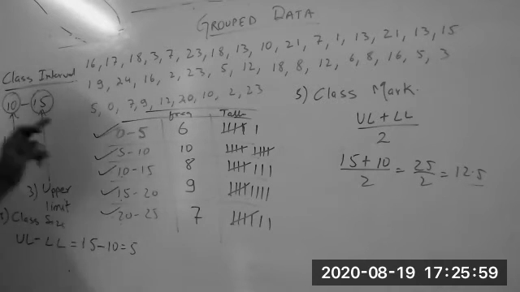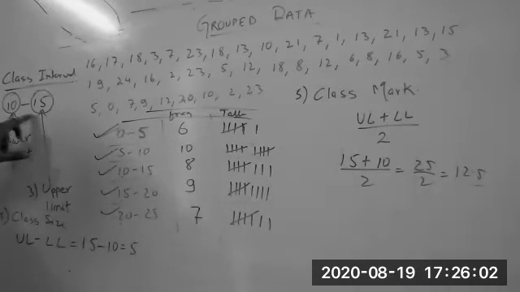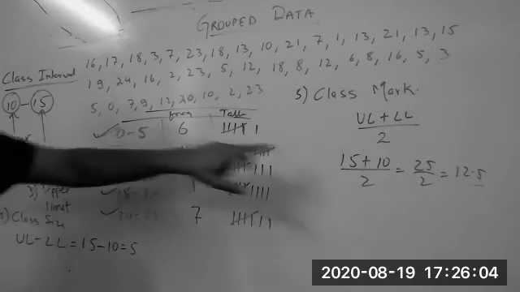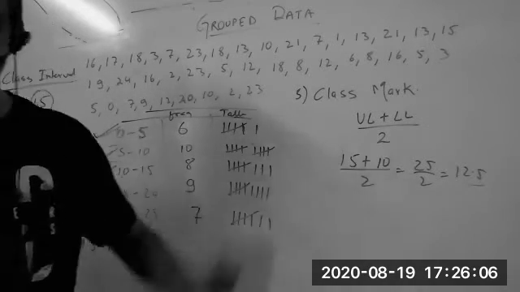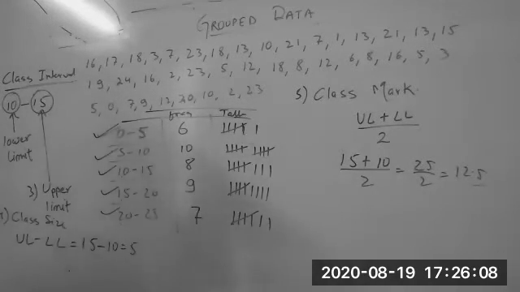So what is upper limit here? 15. What is lower limit? 10. So 15 plus 10 by 2, that is 25 by 2, 12.5. Class mark is upper limit plus lower limit by 2.